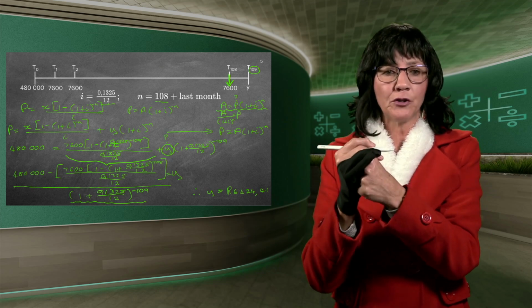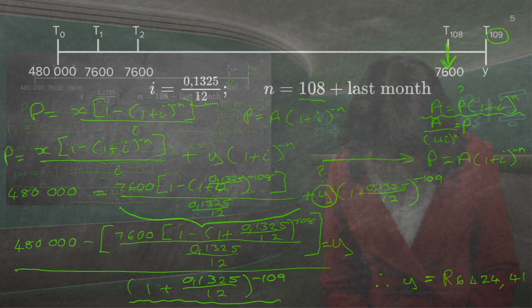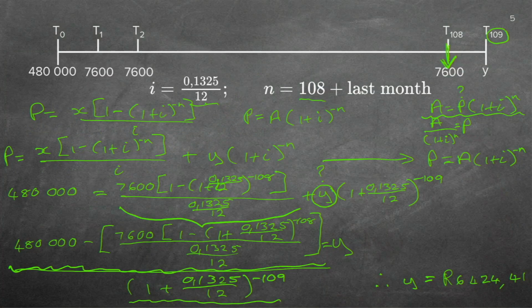So if you want to type that whole thing on the top on your calculator, which we've done many times, and you'd rather want to say times, you can do the bracket 1 plus 0.1325 over 12, but then it would be to the power of plus 109, and it will still give you exactly the same answer.